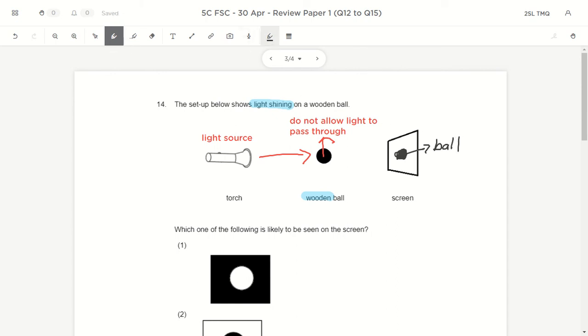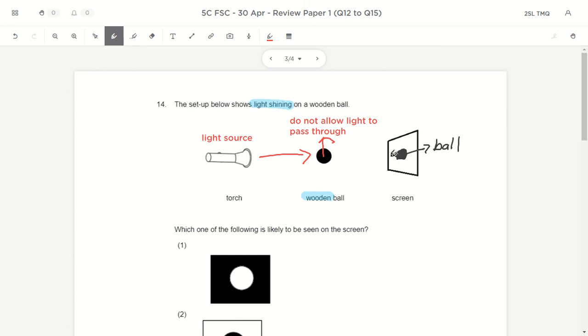This is what happens every day also. You are standing under the sun, you have a shadow at your feet because you are blocking the light from the sun. When you block the light, then you will form a shadow.